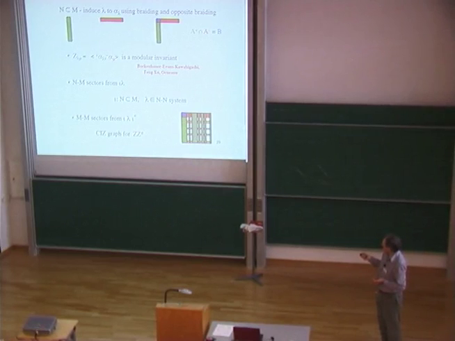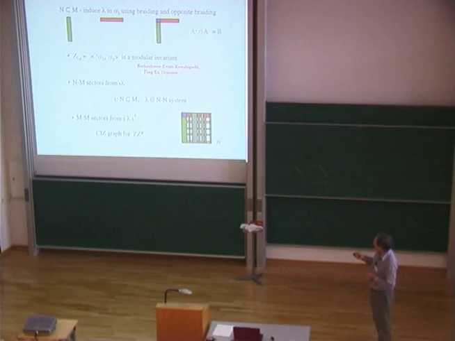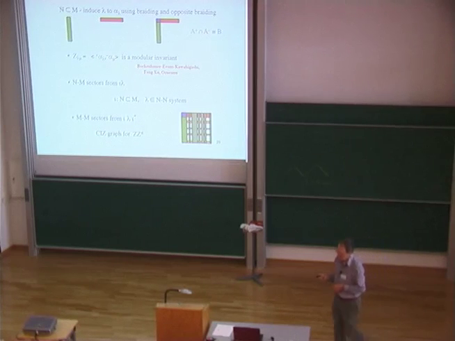So you can ask whether this modular invariant can be represented by an inclusion. As long as Z is, this is. And it's a kind of basic construction in the sense of subfactor theory for modular invariance. And then the classifying graph for that, this is CIZ for Cappelli, Itzykson, and Zuber, is identified with this picture here.